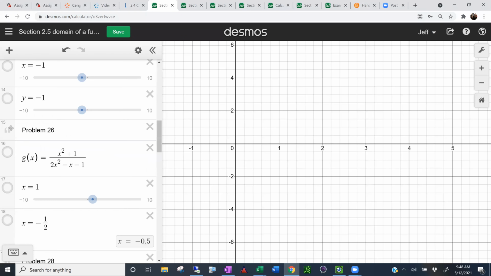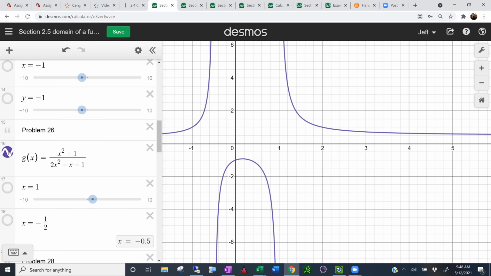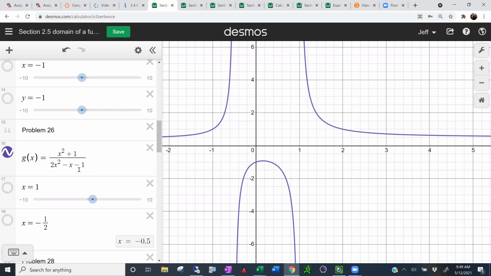And let's see, which one do I want to start with? We'll start with problem number 26. Something like this: x squared plus 1 over 2x squared minus x minus 1. So look at the domain.